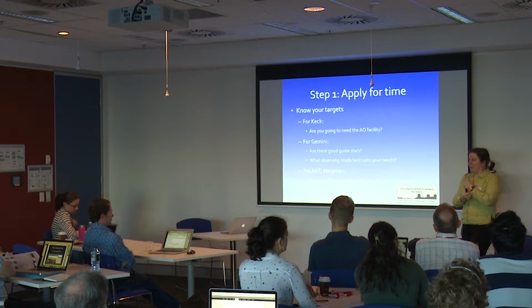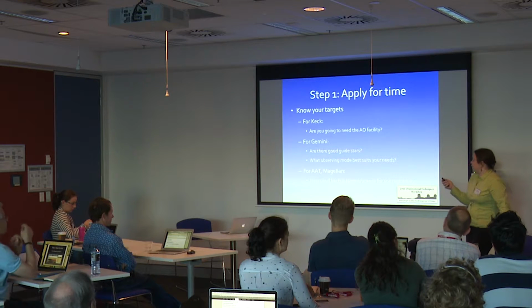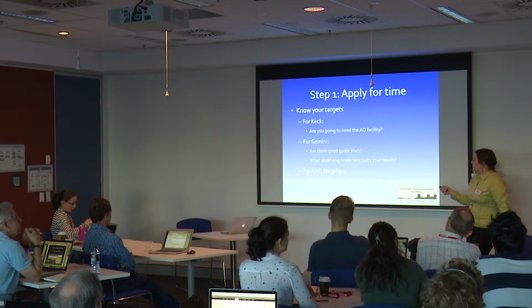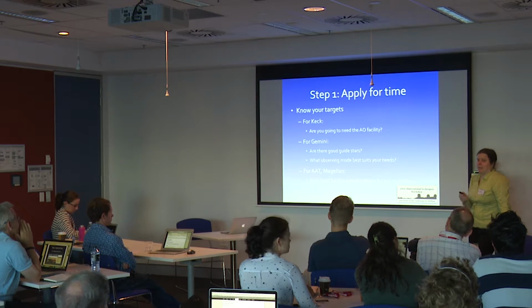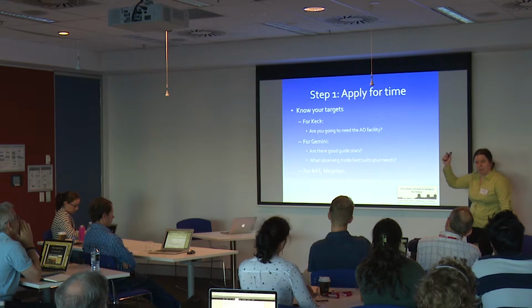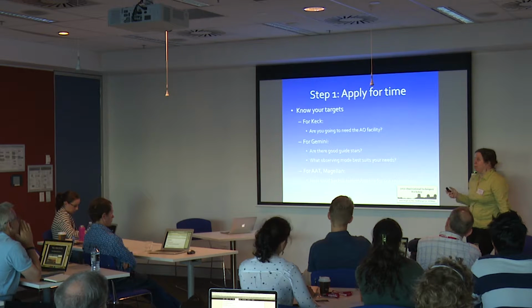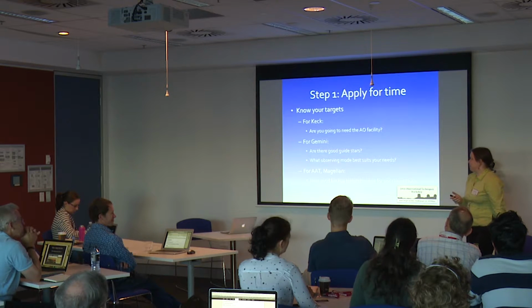And I think there's now an ESO telescope that has 4 laser beams, which is crazy. But the point is that this is a really different type of observation you need to plan for. And if you really need those adaptive optics, if you need to resolve a close binary star that's not resolvable otherwise, then great. But if you don't need it, don't ask for it, because that's not going to look very good.